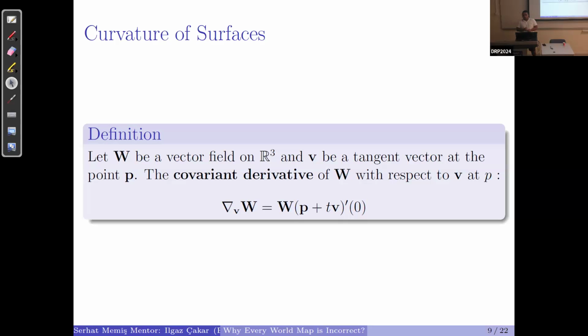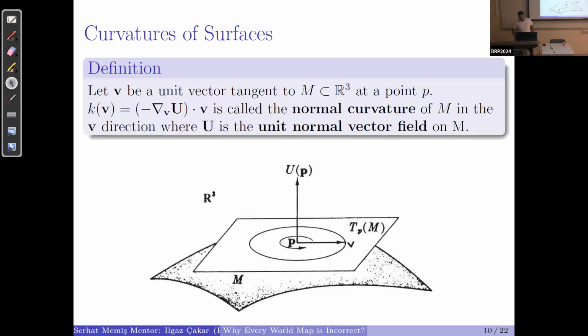Now we can take the derivative on a surface. But in a curve, we take the derivative of a tangent vector. How can we generalize to a surface? We can look at the tangent plane. The change in the tangent plane will give us the bending of a surface. The tangent plane can be defined by its unit normal vector field.